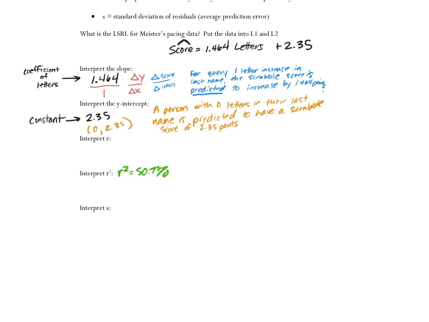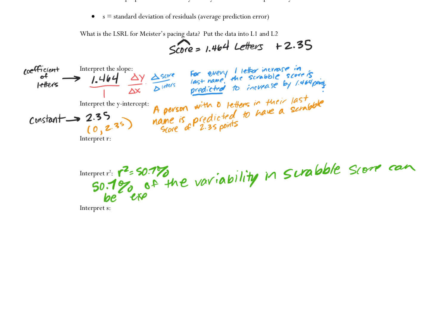Not what is R, just what does R squared equaling 0.507 or 50.7% really mean? 50.7% of the variability in Scrabble score is explained by the linear relationship with the number of letters.